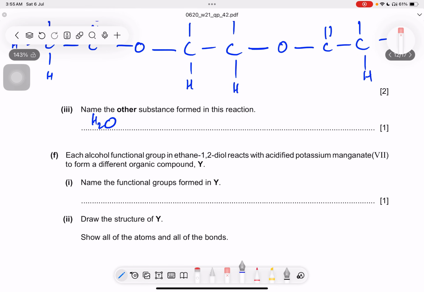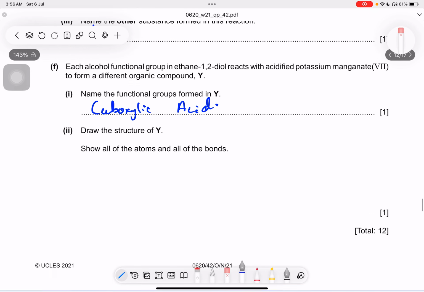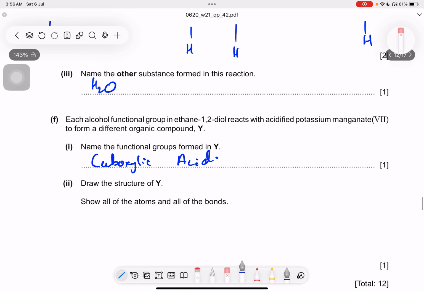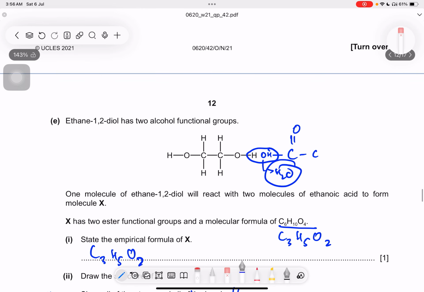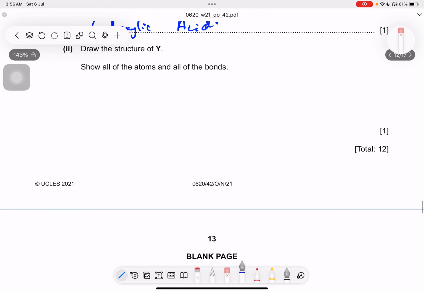Each alcohol functional group in ethane-1,2-diol reacts with acidified potassium manganate to form a different organic product. So oxidation of alcohols produces carboxylic acids. Draw the structure of Y. Okay, so ethane-1,2-diol again, on both of these places we will have COOH, COOH, and ethanedioic acid will be formed, dioic instead of the diol.